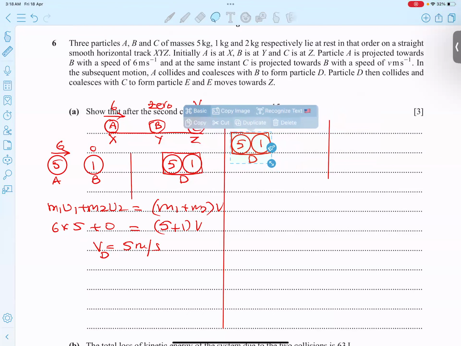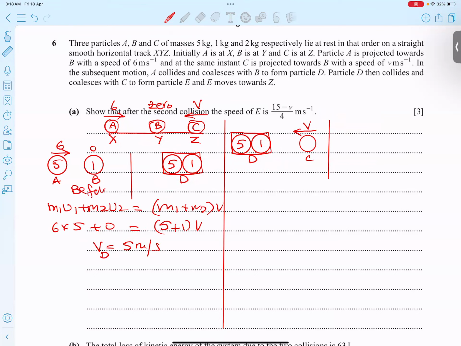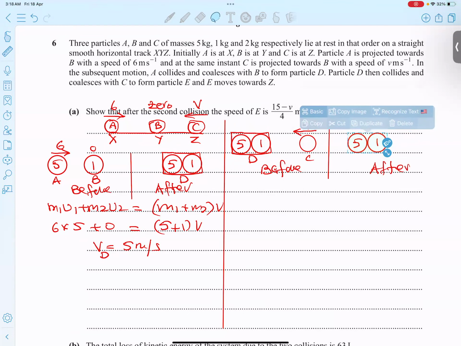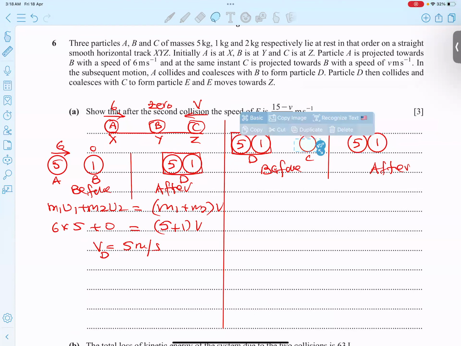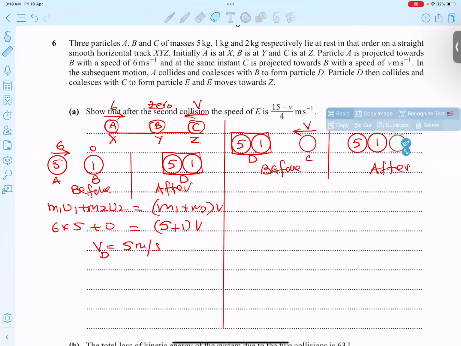C is coming towards it with speed of V. After they coalesce, they will make one object.